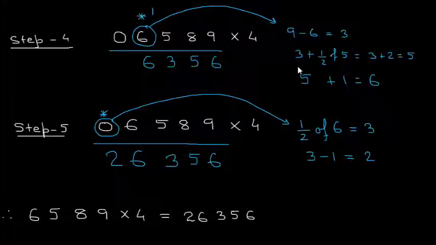So whenever we need to multiply by 4, we do half of 6, whatever the answer is, minus 1, which is 3 minus 1 is 2, and this is the correct answer for a big multiplication of 4.